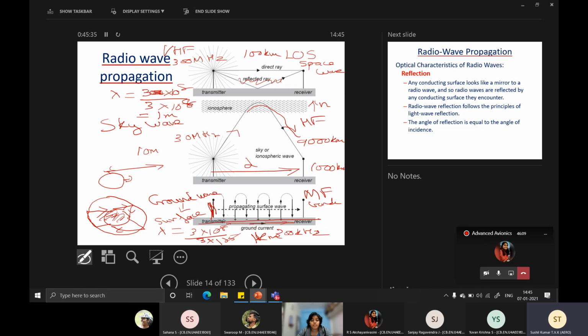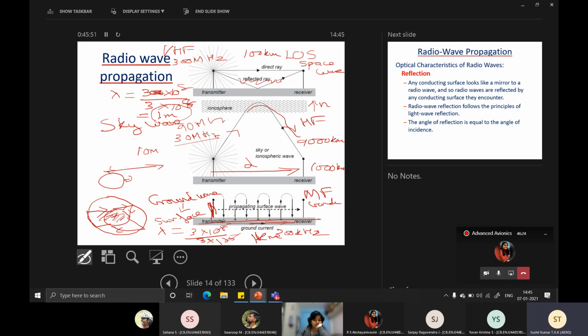Or even if you say FM, which is 30 megahertz, it can go up to 90 megahertz. That's what you people are receiving. So one third, maybe still you're having a problem.